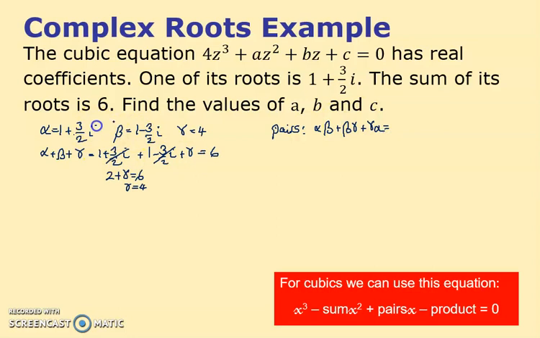I've got to do alpha beta, so it's that times that: 1 plus 3 over 2i, 1 minus 3 over 2i, plus beta gamma, so it's those two. So plus 4 lots of 1 minus 3 over 2i. That's easier to write it like that. And then gamma alpha, plus 4 lots of 1 plus 3 over 2i.